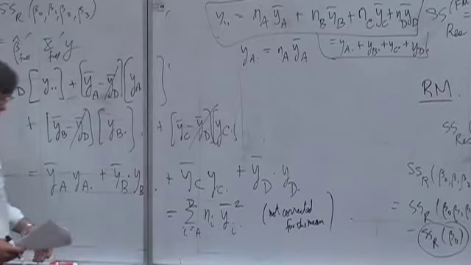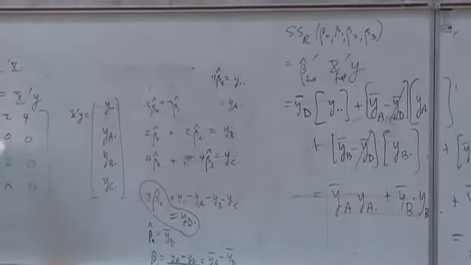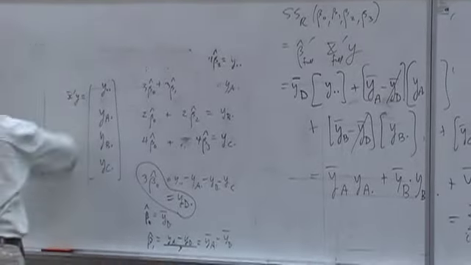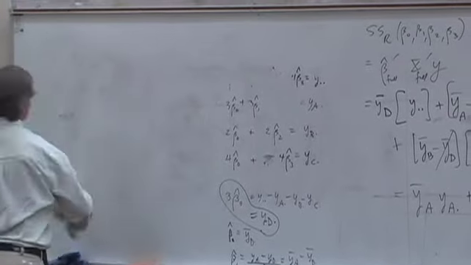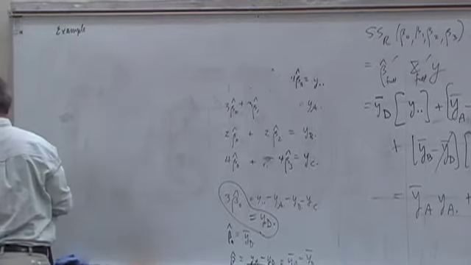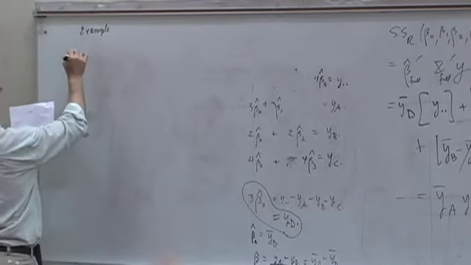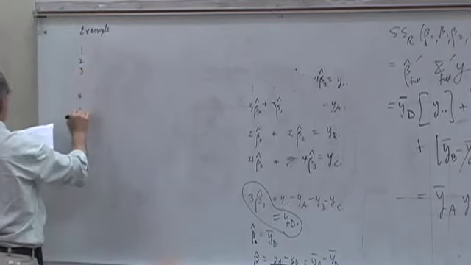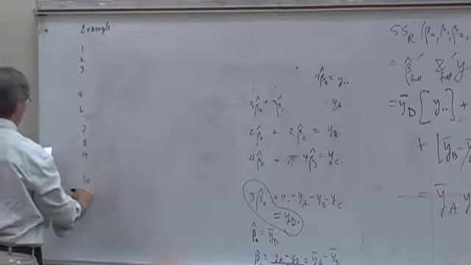So let's put an example here where you can see all the numbers, so you can see how this works out. Let's take the data to be 1, 2, 3, 4, 6, 7, 8, 9, 10, 11, 11, 12.